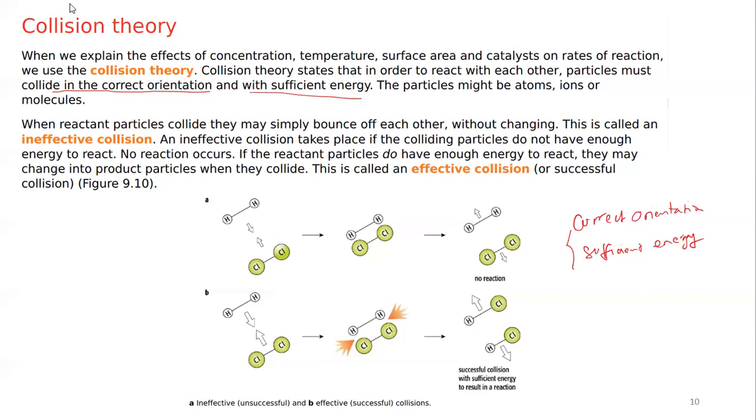So here one has no reaction, but this one yes. Ineffective and effective depend on the orientation and the energy the reacting particles have. So sufficient energy, here you can see the connection with activation energy.